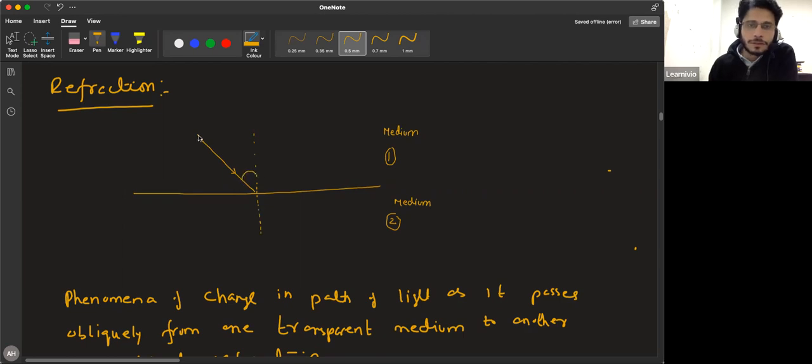This is the incident ray. The angle between the incident ray and the normal is known as the angle of incidence. So this here is the angle of incidence.